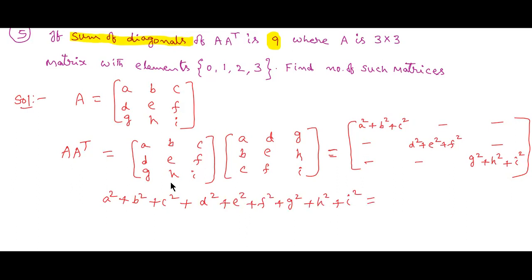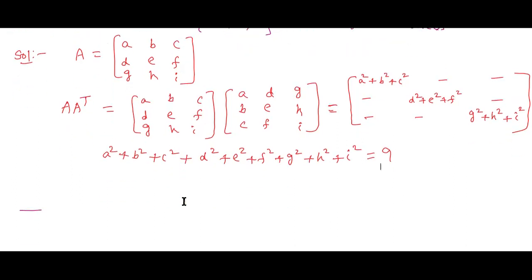The sum of these values is 9. But here the elements given are 0, 1, 2, 3, and any element we can take, no problem. Suppose the sum is 9, it is possible when one of the elements is 3. So 3 square is 9 now.